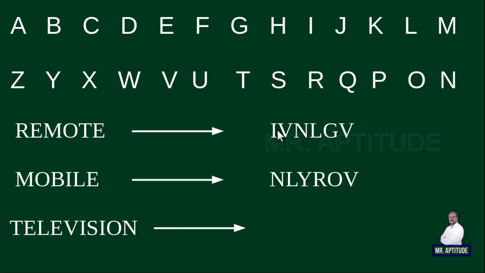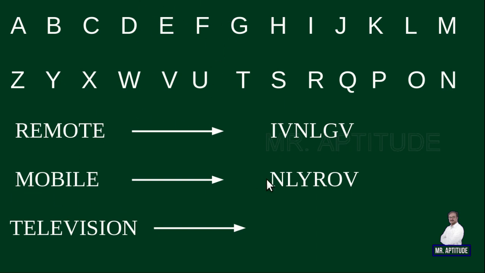R and I are opposite letters. Look here once. E and V are opposite letters. M and N are opposite letters. O and L are opposite letters. T and G are opposite letters. E and V are opposite letters.